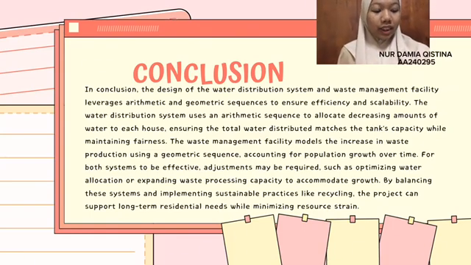The waste management facility models the increase in waste production using a geometric sequence, accounting for population growth over time. For both systems to be effective, adjustments may be required, such as optimizing water allocation or expanding waste processing capacity to accommodate growth. By balancing these systems and implementing sustainable practices like recycling, the project can support long-term residential needs while minimizing resources.